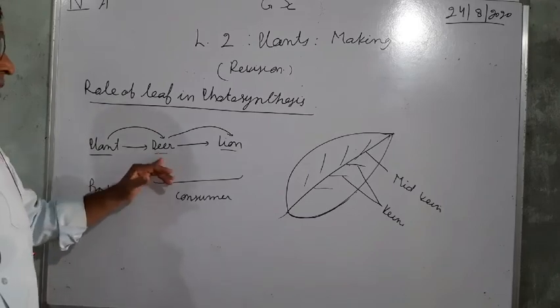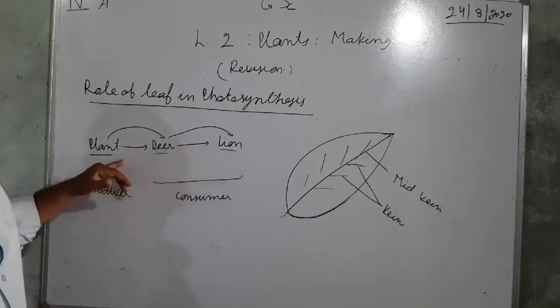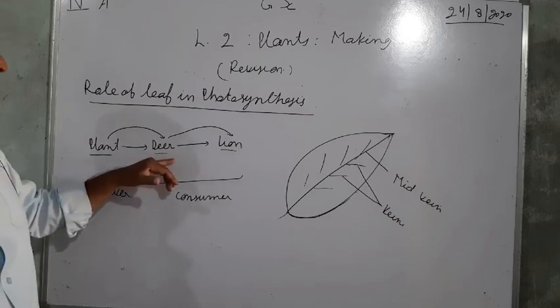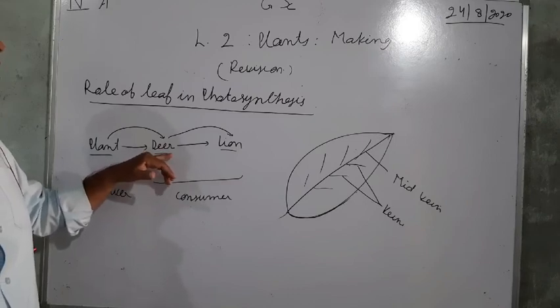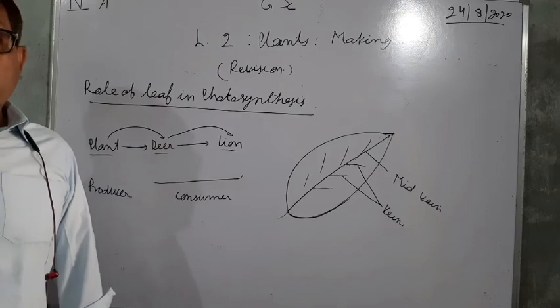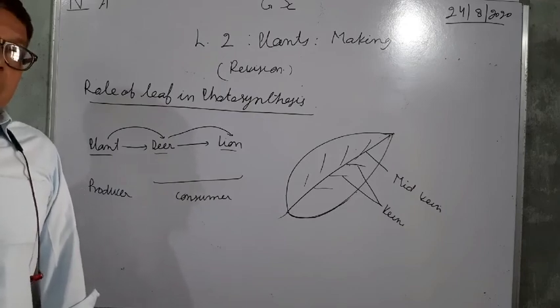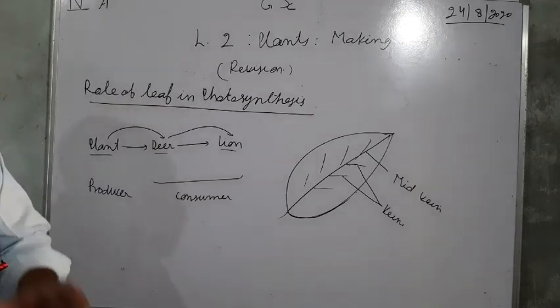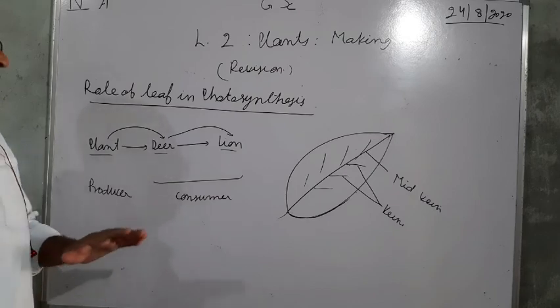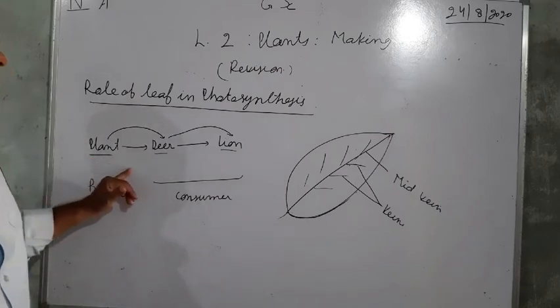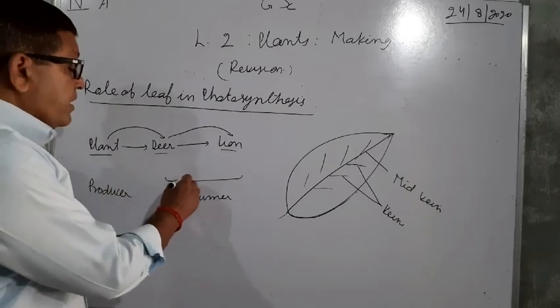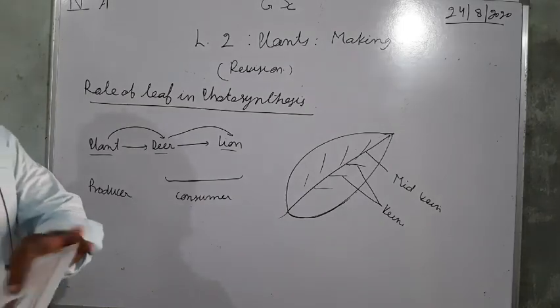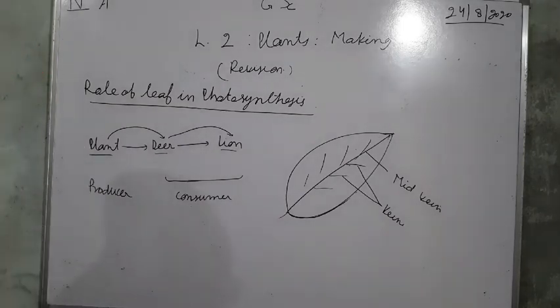In the same way, if the number of plants decreases, the number of deer will decrease, and ultimately the number of lions will also decrease due to scarcity of food. So in this way, balance in nature is necessary, and the food chain helps in maintaining a balance in nature.